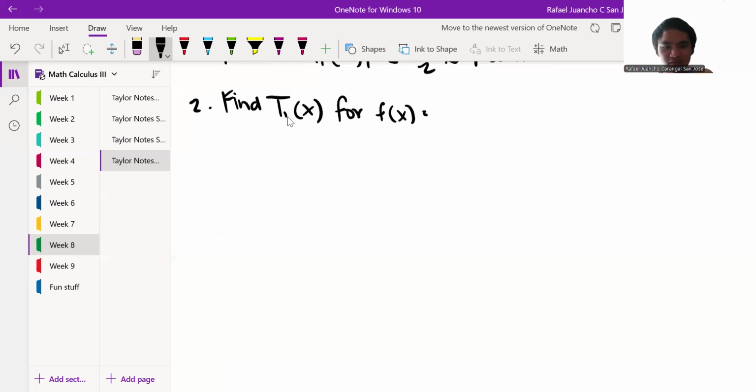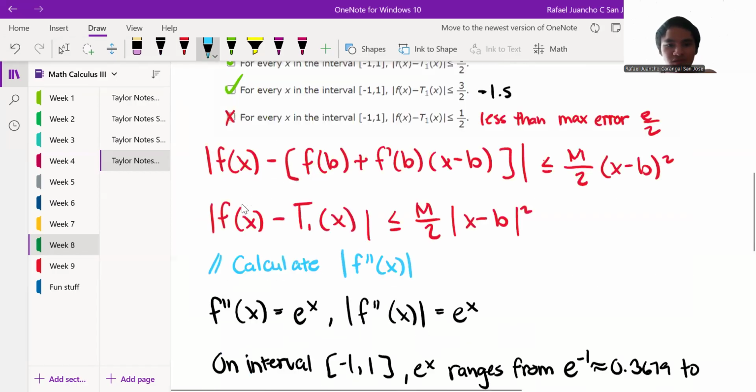And I think this was natural log of 1 plus x, and then based at b equals 0, right?